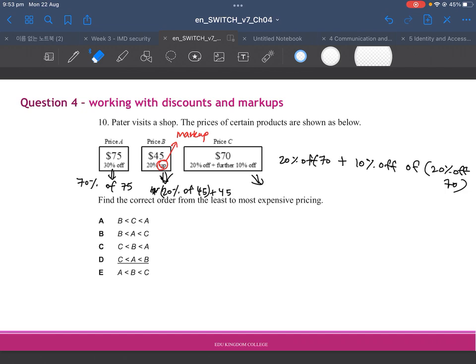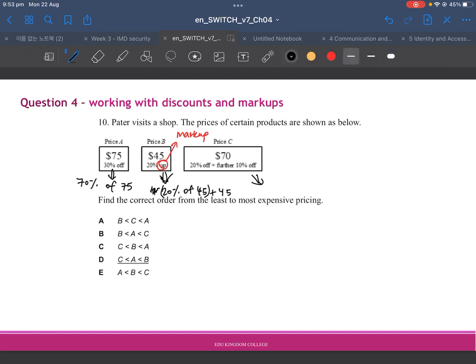Instead, what we can do is work step by step. 20% off of 70 is the same thing as saying what is 80% of $70, and then finding 10% off of that.